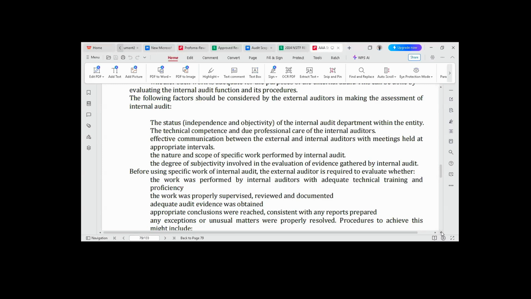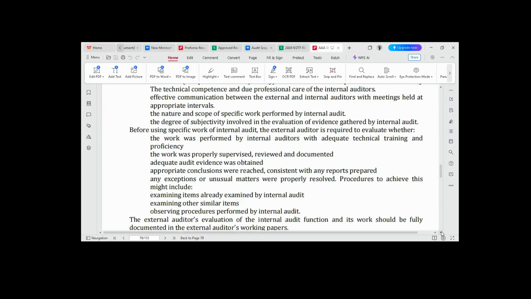Then another thing that the external auditor will also use to assess the internal auditor's work before you can rely on it is to look at how he is able to arrive at his conclusion in his audit report. Because in every audit report, you have a conclusion. And those conclusions, the external auditor wants to check, are they consistent? So when the external auditor looks at all of this, we're able to conclude.